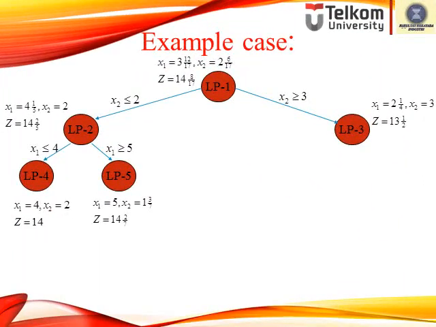In LP4 and LP5 it's the same thing: we choose x1, which is 4 and 1 divided by 5. Because the lowest number is 4, it should be in LP4, and the higher number, 5, should be in LP5.